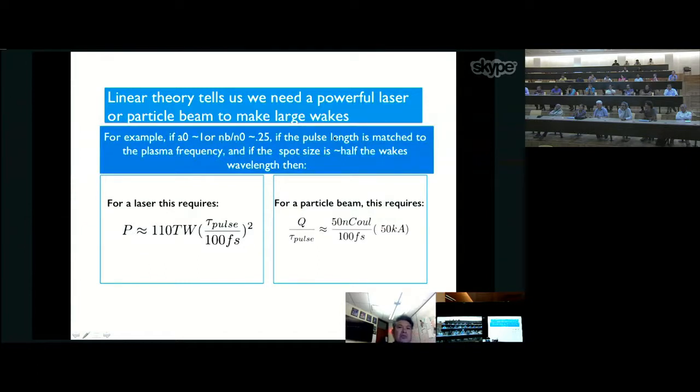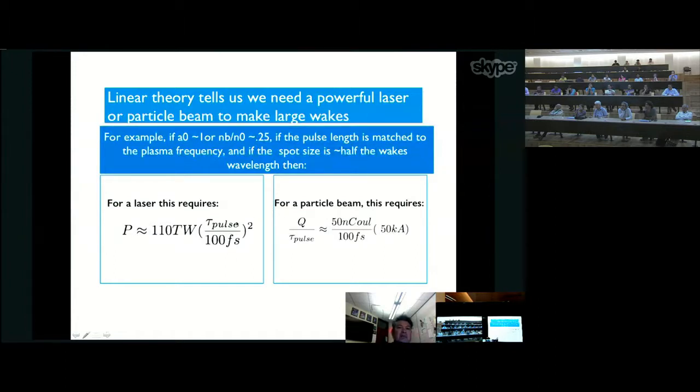I also need the pulse length to be matched to the plasma frequency, and the spot size to be on the order of half of the wake's wavelength. If I just use those requirements, then the laser power must be 100 terawatts, and the particle beam current must be tens of kiloamps.